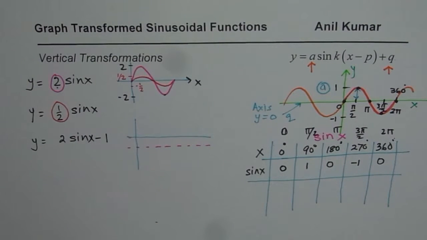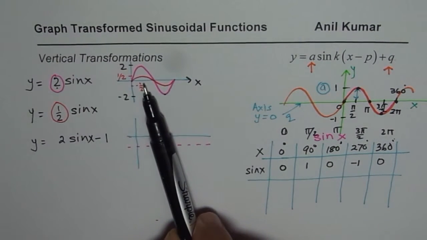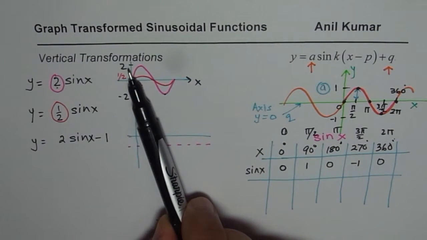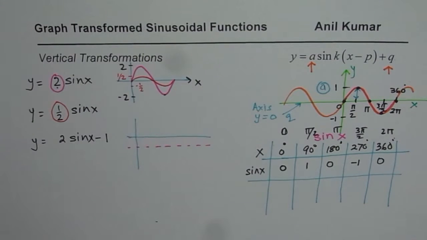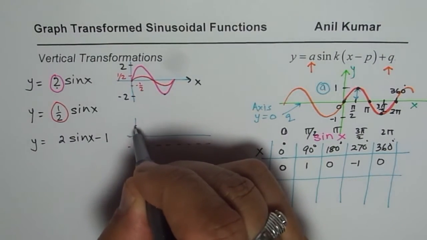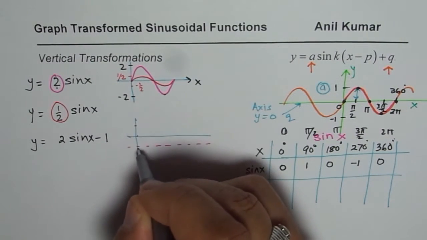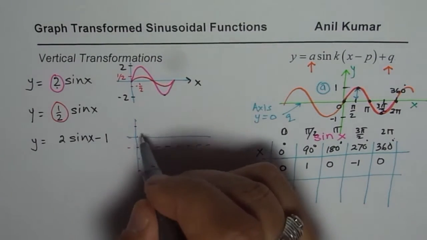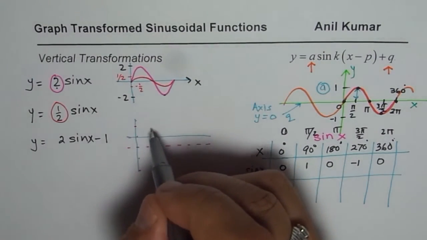Now, if you bring the whole graph 1 unit down, the maximum value will not remain as 2, but it will become 1, right? So the wave will go from here 2 units up and 2 down. So the minimum will be at minus 3 and the maximum will be at 1.